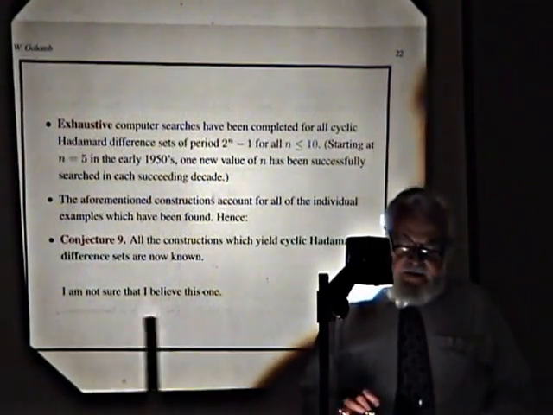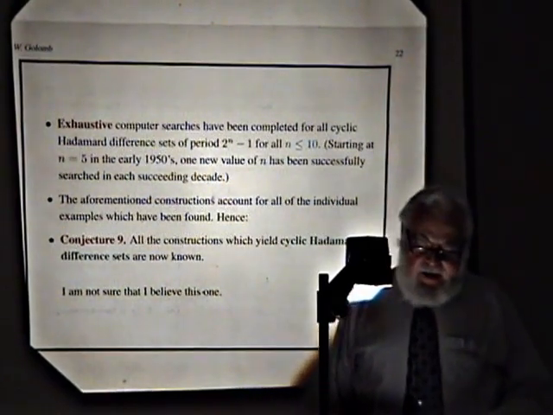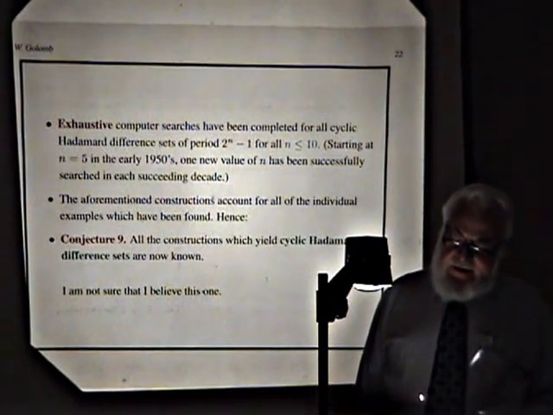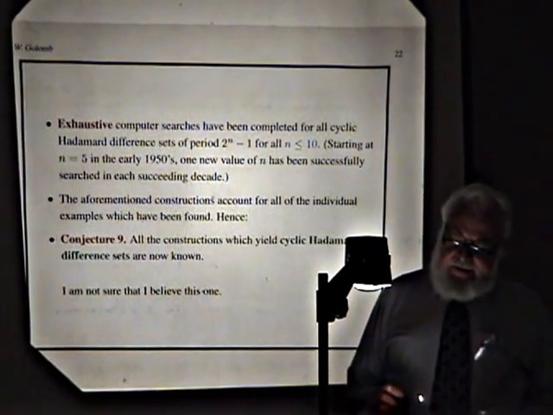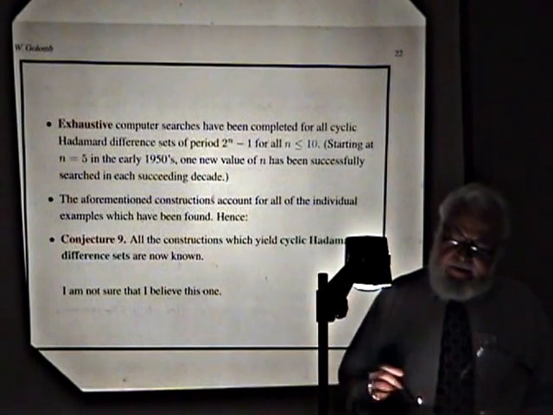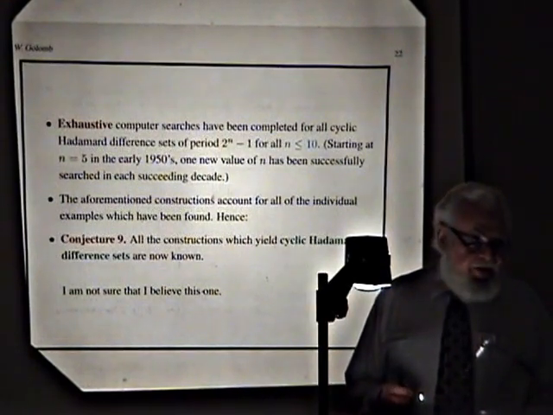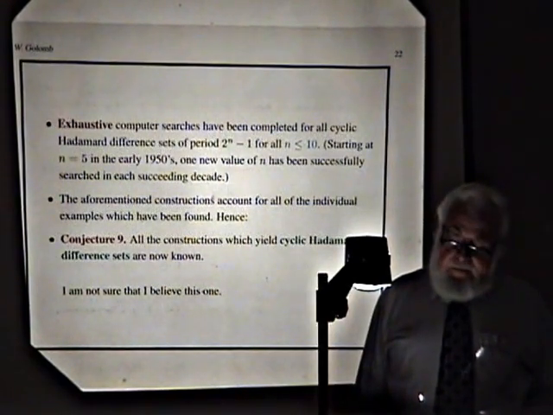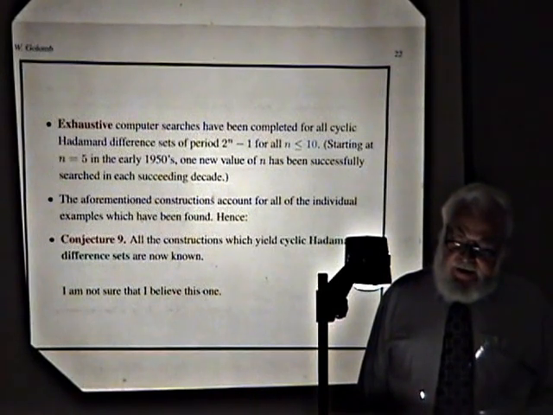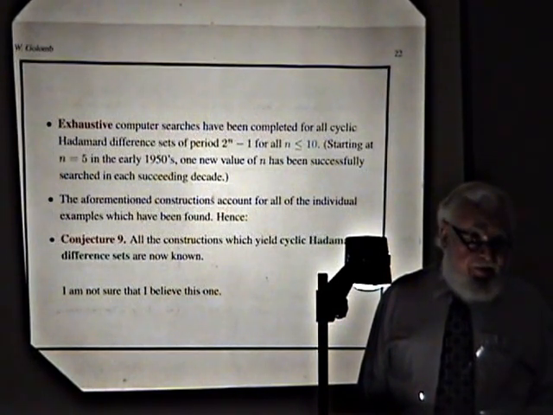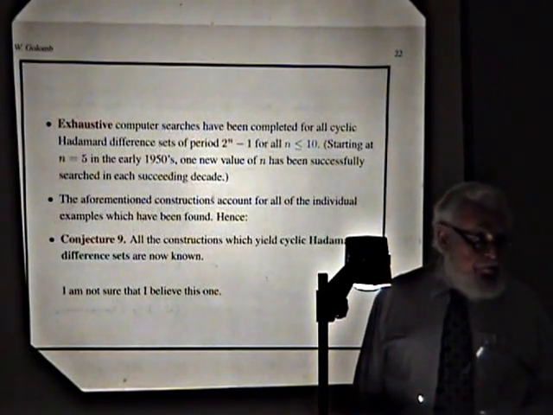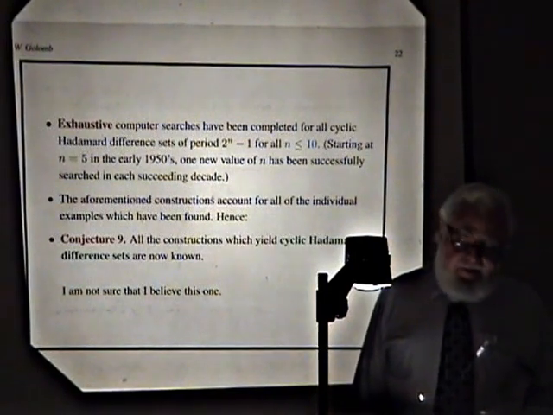I'm not entirely sure that I believe this one. I would have to see the results of the searches at n equals 11, and perhaps more interestingly at n equals 12, which is a composite number, and maybe even at n equals 13, which is the next Mersenne prime exponent.